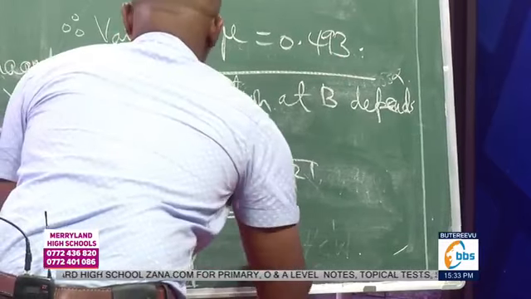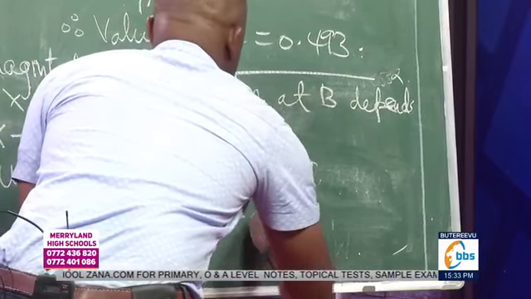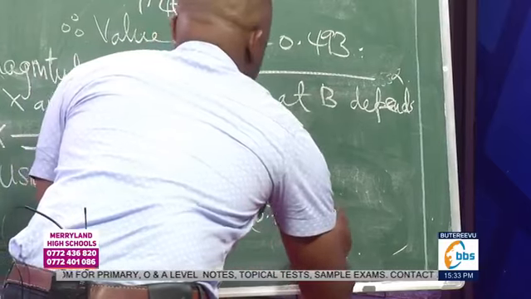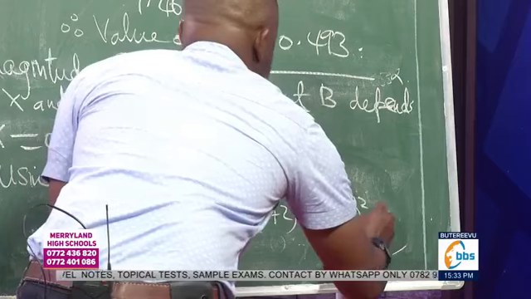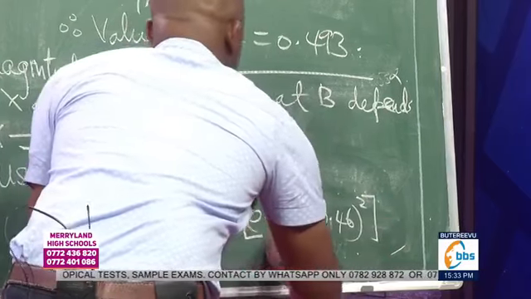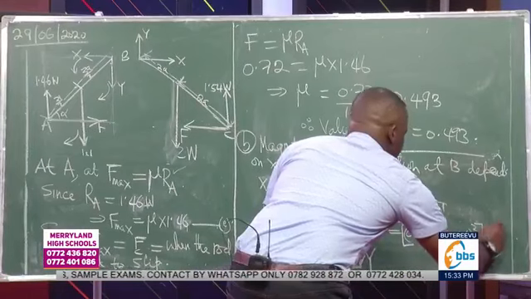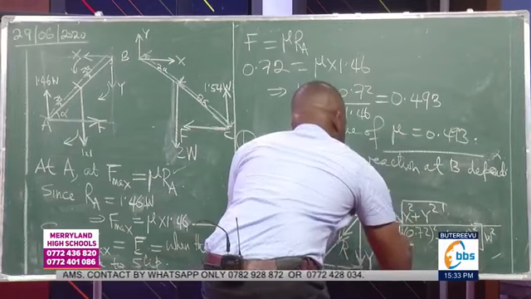That means we have 0.72 squared plus 0.46 squared, all multiplied by W squared because they all had W, and then we take the square root.